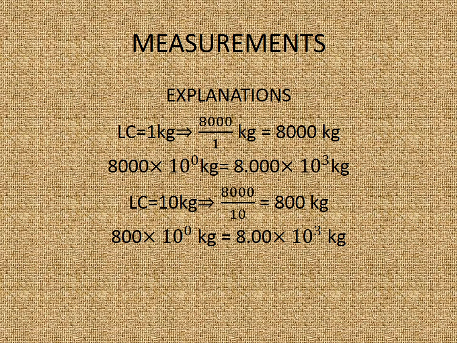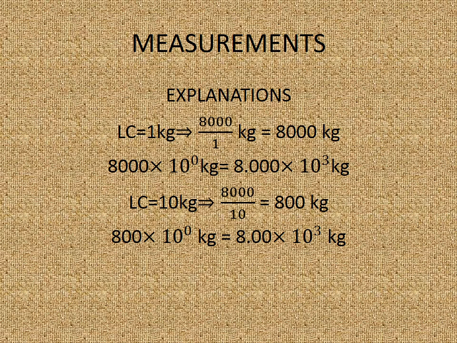Explanations. With the help of a measuring instrument, we can determine the number of significant figures in a measurement. For example, if the least count of a measuring instrument is 1 kilogram and the quantity to be measured is 8000 kilogram, then dividing 8000 kilogram by 1 kilogram, we get 8000. Now this can be written as 8000 into 10 to the power 0 kilogram.